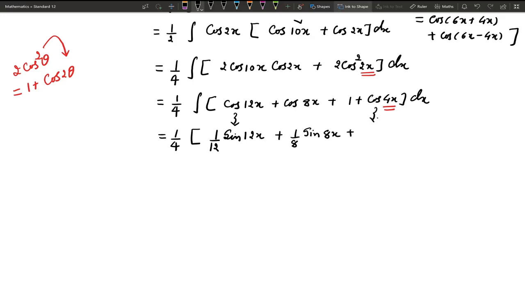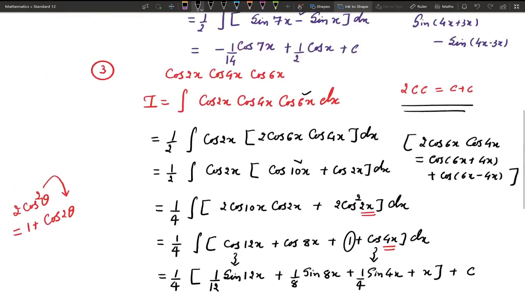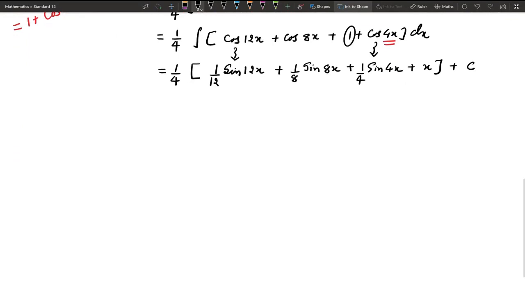Now we write the integration of cos 4x as sine 4x by 4 and the integration of 1 dx, that is x, plus constant of integration. You can simplify by expanding this. Just simply open the bracket and simplify, and you will get the solution. We have already integrated.